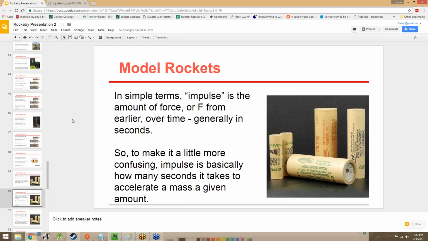That way we can get an idea of how much force is being exerted at any given moment, but just sort of an average of it over time. So it's not quite force because it's just speed as opposed to acceleration. It's sort of strange to explain, but basically impulse is an overall look at the amount of force that's exerted over a specific amount of time.